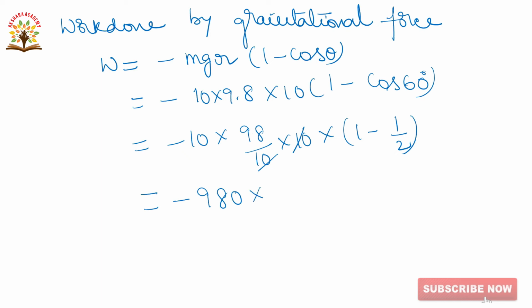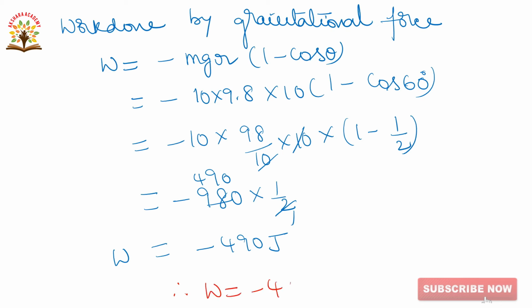Taking LCM, 2 minus 1 by 2 is 1 by 2. So that is equal to minus 490 joules. So the work done by the gravitational force W is equal to minus 490 joules. This is the final answer.